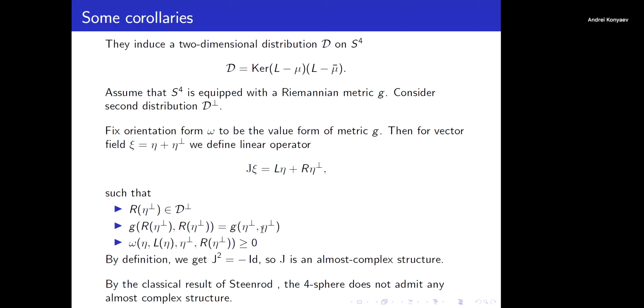So we have an operator like this, and we assume that omega, which is the volume form of the metric, is not less than 0.